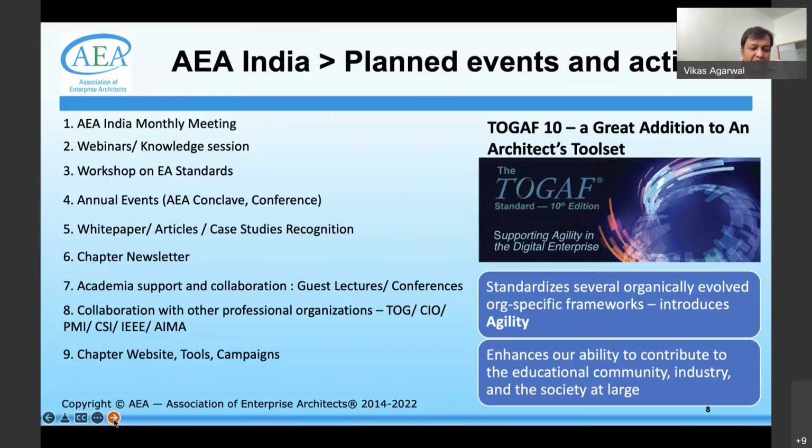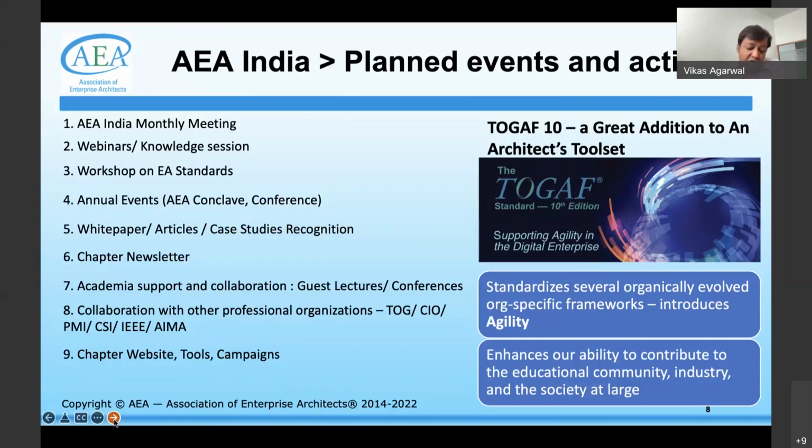Also, we are planning to expand our collaborations with various other organizations, including the Open Group, BCS, PMI, CSI, IEEE, AIMA, etc. And of course, for all this to take effect, we need to be a little more present on various channels, including the internet.